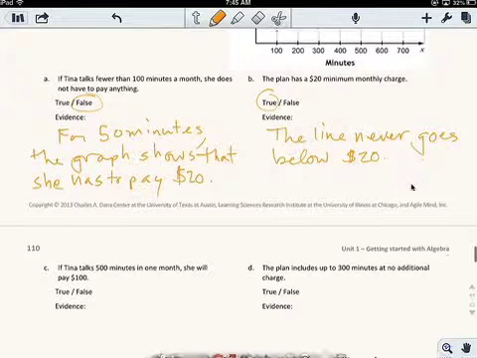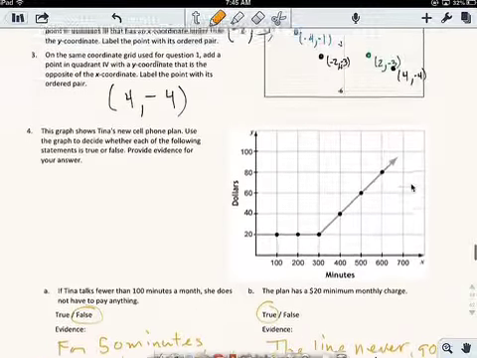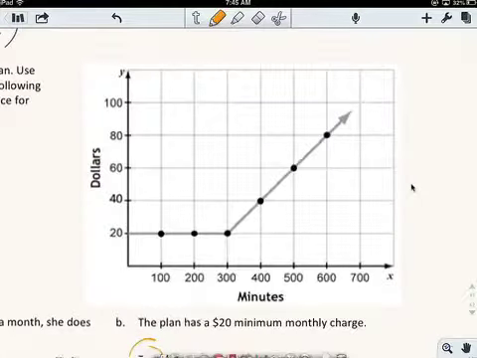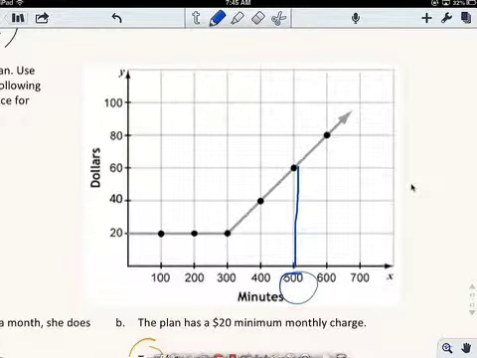Okay. If Tina talks 500 minutes in 1 month, she will pay $100. So if I know she's going to talk 500 minutes, which is a heck of a lot of talking. Who talks on the phone anymore? Just text them. We go to 500. We go straight up. We hit the line, and then I go over to see the charge. So I go up from 500 minutes because that's what I know.